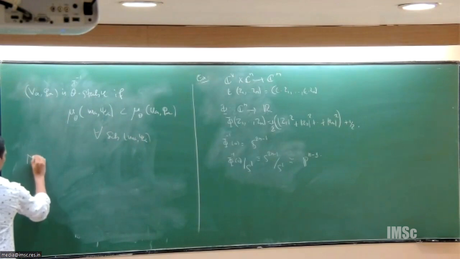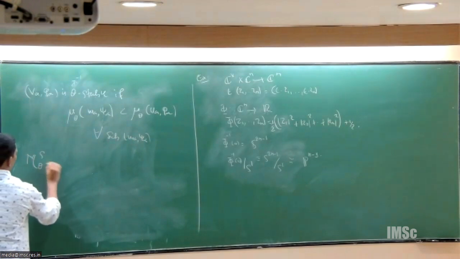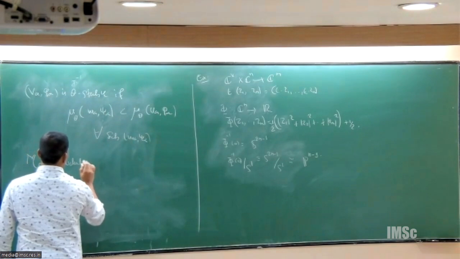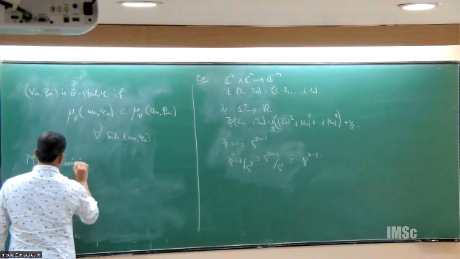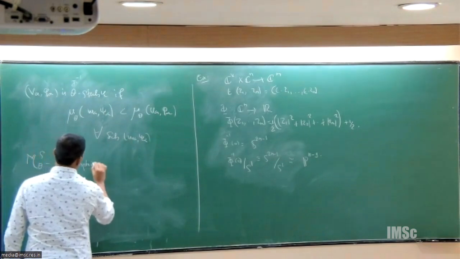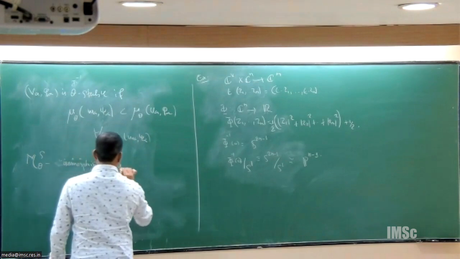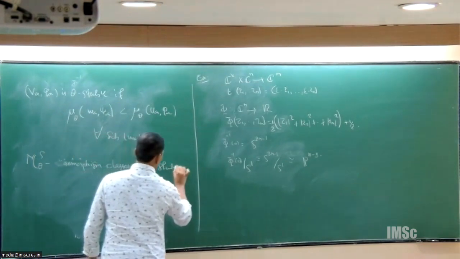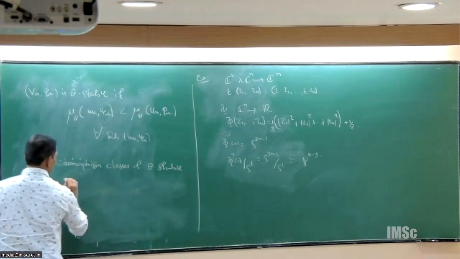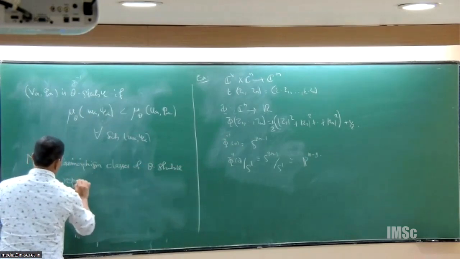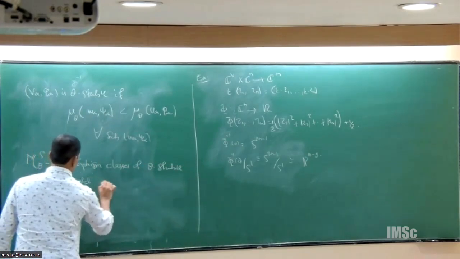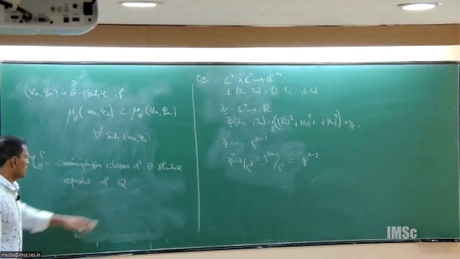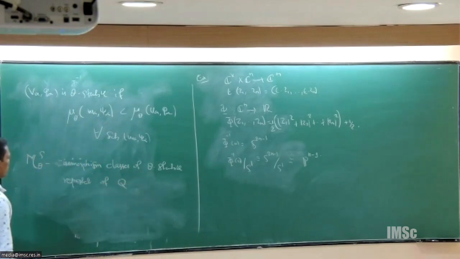Then M theta S, the moduli space, is the set of isomorphism classes of theta stable representations of Q. So we fix the quiver Q and we fix the parameter theta.